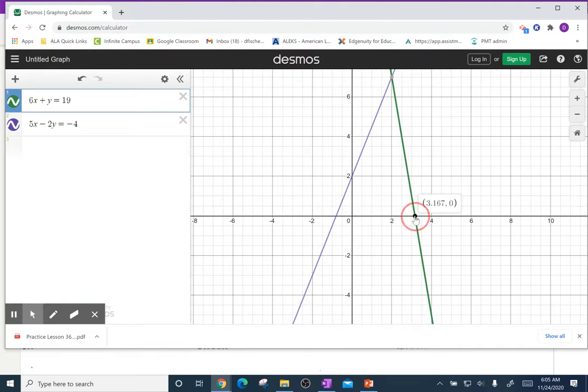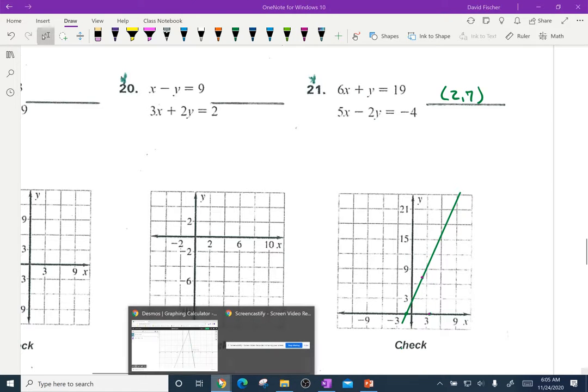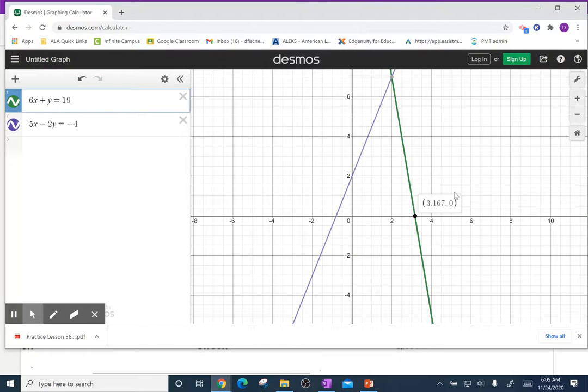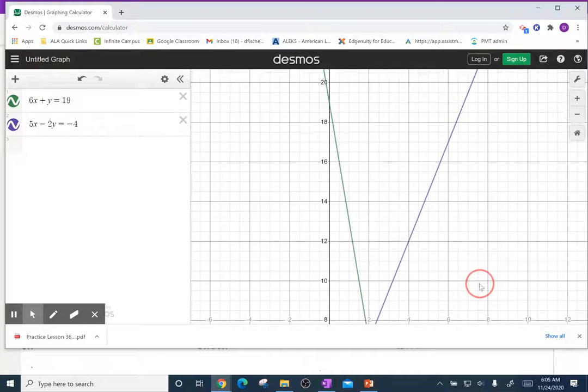we'll look for a couple points here. Just a little bit past 3 is my x-intercept. So I'm going to use a different color here. I know it has to go through this coordinate right here, but I'm going to try to find one more dot here. That might be good. My graph paper goes up to 21, so let's see if we can find my y-intercept here.